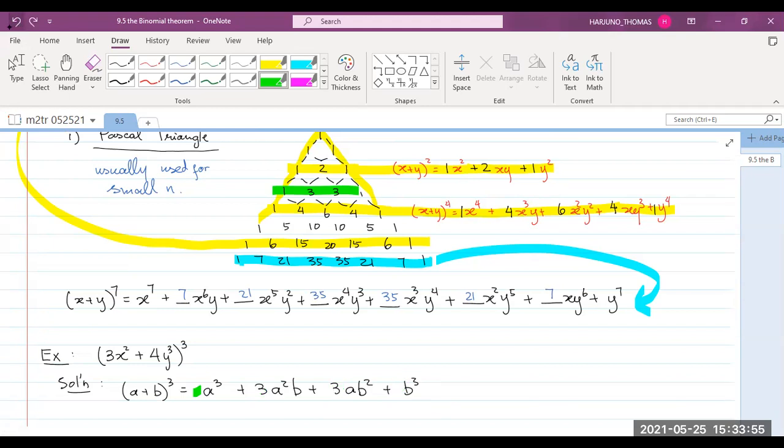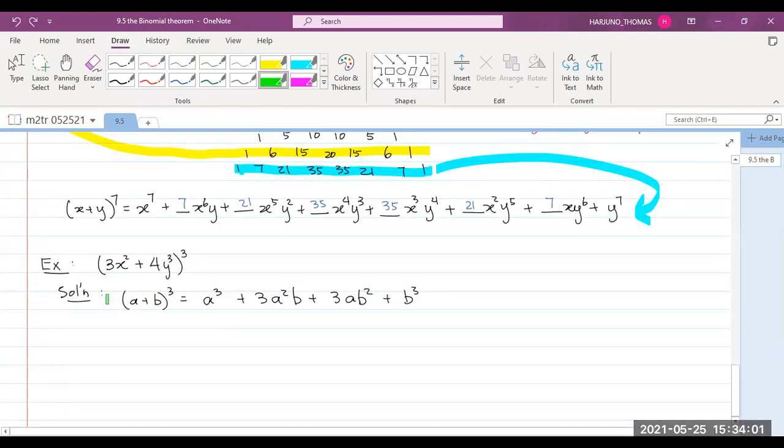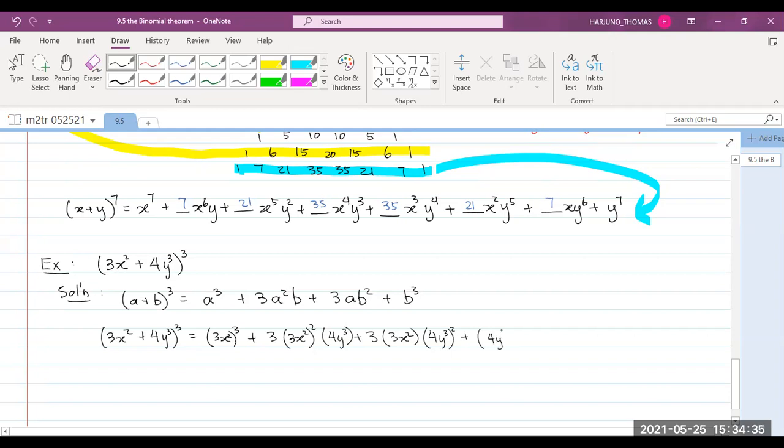Okay, what does this have to do with the question? Well, basically, now you can substitute your a by 3x squared and your b by 4y cubed. So this is 3x squared being cubed plus 3 times a squared b plus 3ab squared plus b cubed.